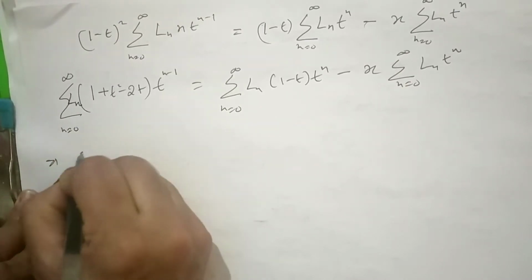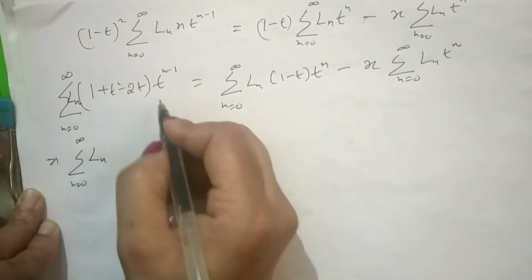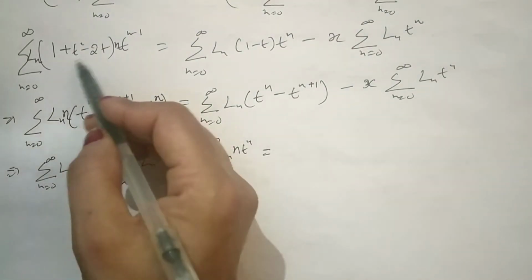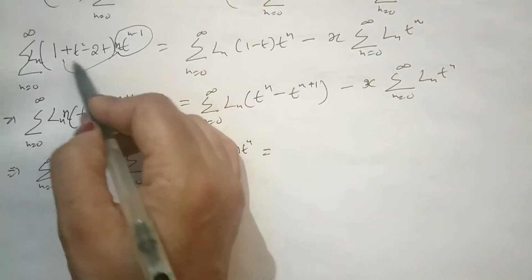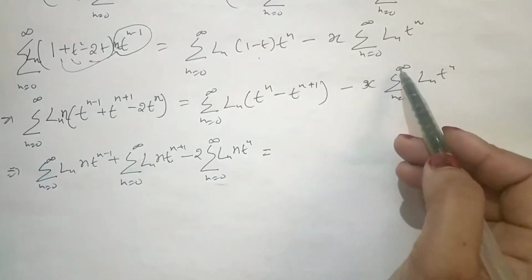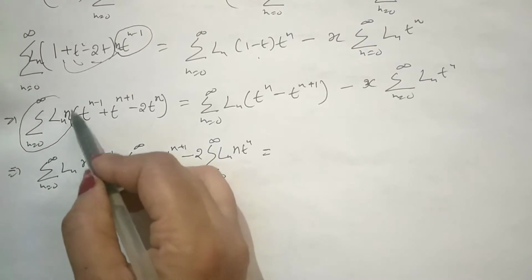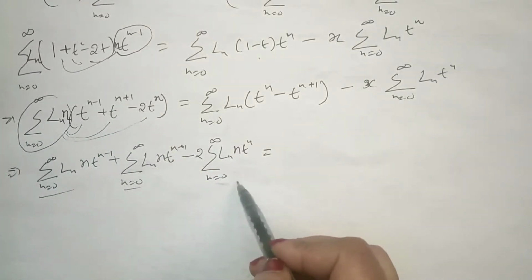So now after multiplying this, we get, now see in the next step what we have done. We multiply this n into t raised to power n minus 1 with each of the terms in the bracket here also, and all the other things are the same. Now this summation L_n into n is multiplied with each term in the bracket, and we get 3 summations on this side.